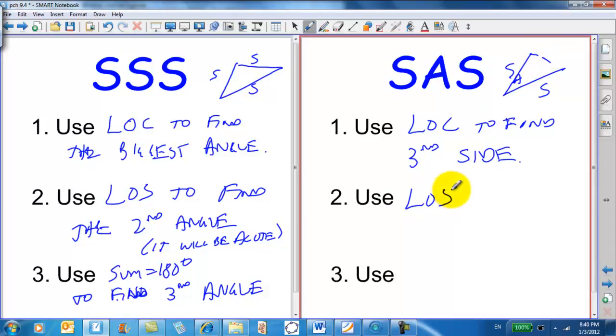But I want to make sure, law of sines in finding an unknown angle can be ambiguous. So what I'm going to do is use law of sines to find the smaller of the remaining angles.